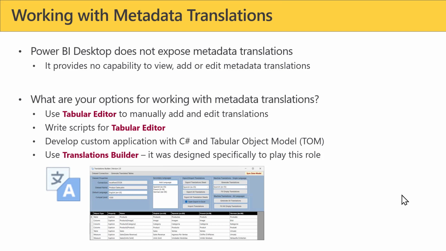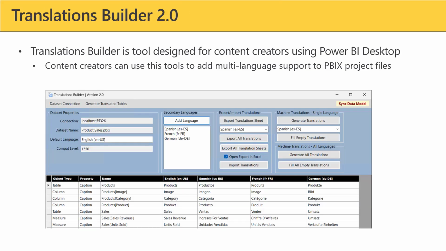It's a tool that's already been written, and it was written specifically to play the role of assisting content creators using Power BI Desktop who then want to add and edit translations to build multi-language reports. Exactly what we want. In this guidance, we're going to be using Translations Builder 2.0.